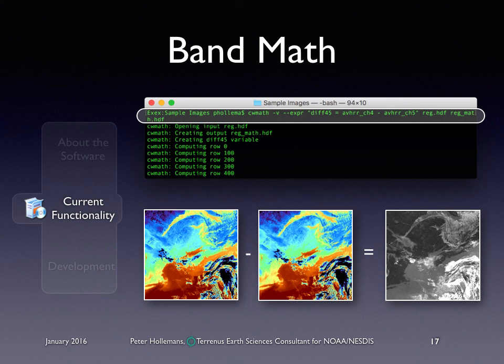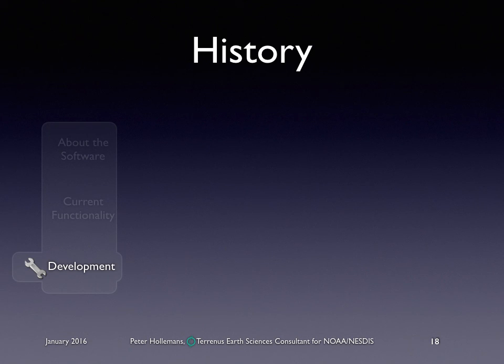So next up, I'll take a look at the development of the CoastWatch Utilities. Really, the history of the development started at the West Coast Regional Node in 1997, where we created an initial version 0.1, written in C. We needed to handle a new set of operations that we wanted for our website.